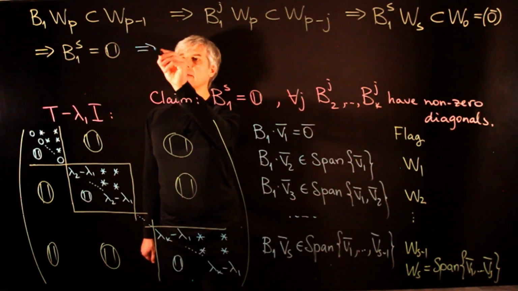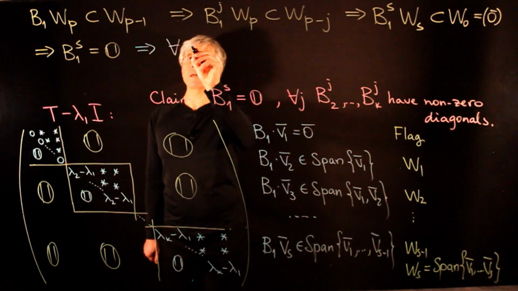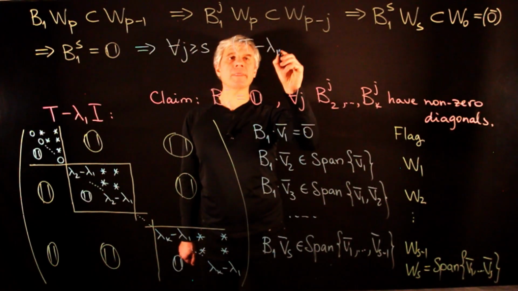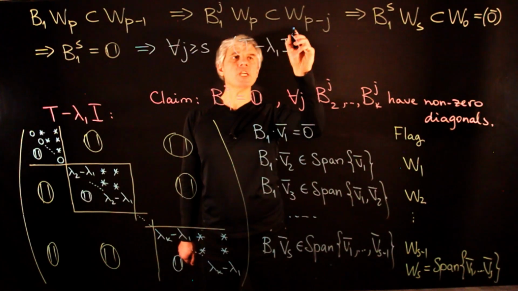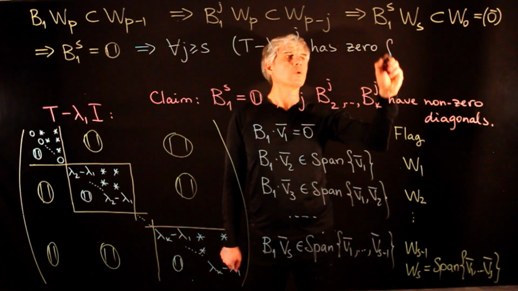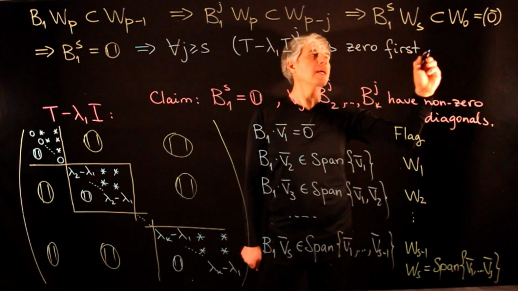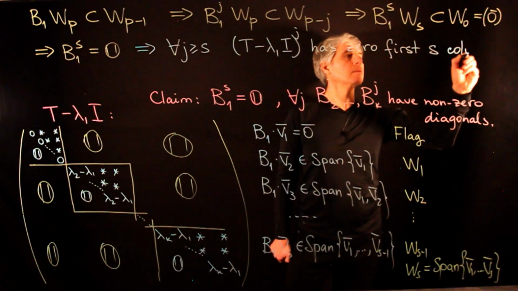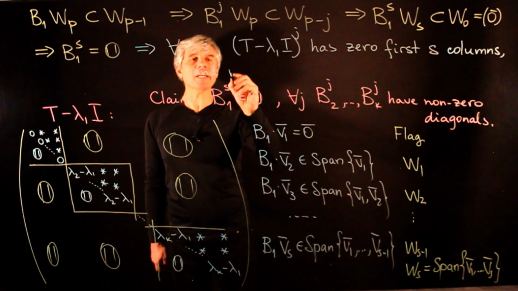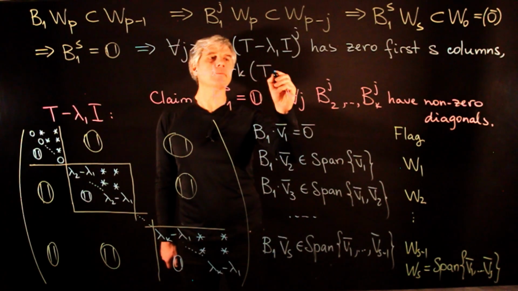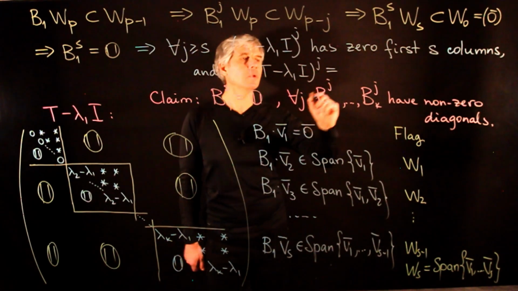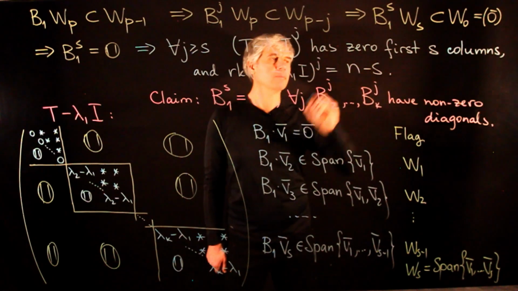This tells us that for all j greater than or equal to s, t minus lambda 1 I to the power of j has zero first s columns, and the rank of t minus lambda 1 I to the power of j is equal to n minus s.